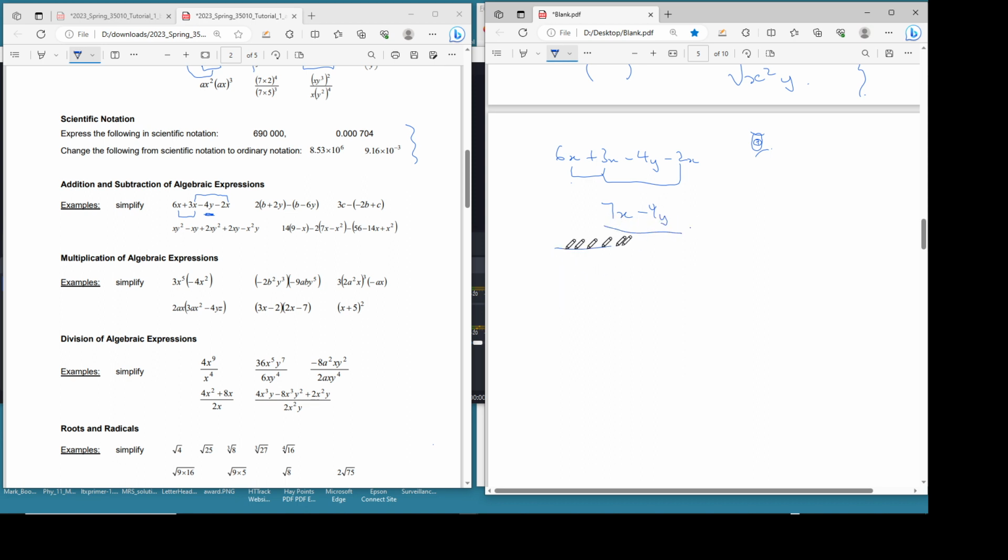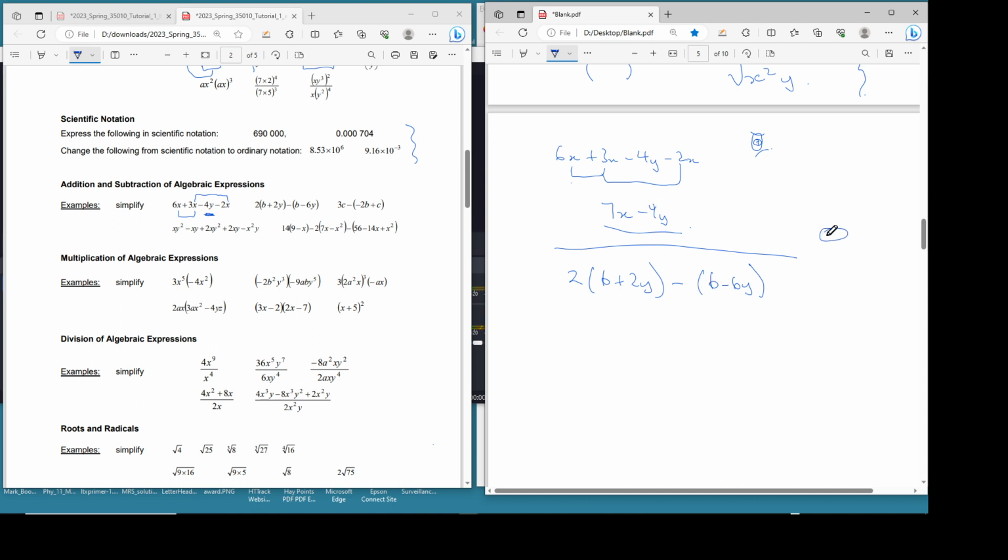Okay. For the next one, we've got 2(b + 2y) - (b - 6y). So what's your mathsy eye see?